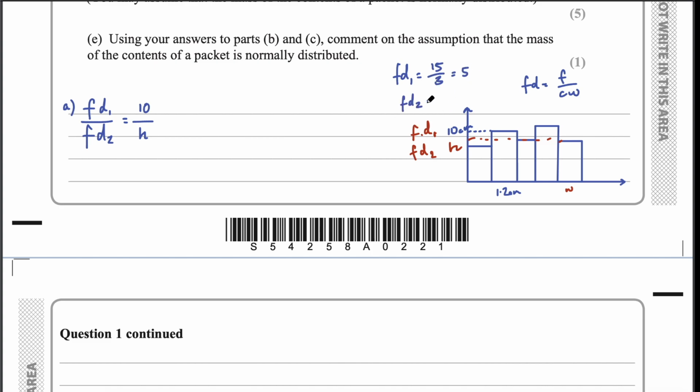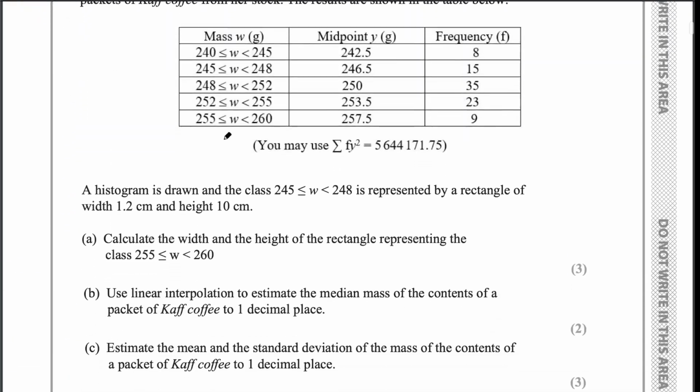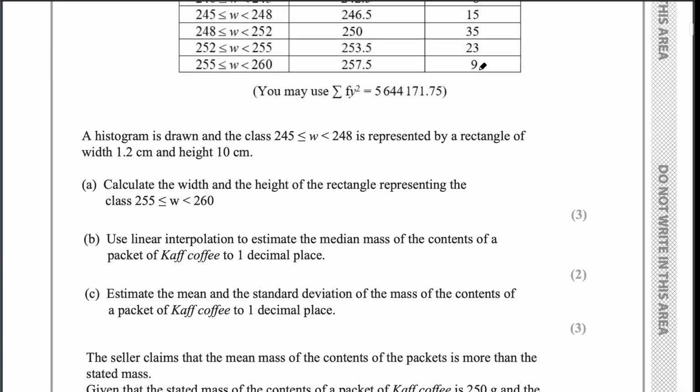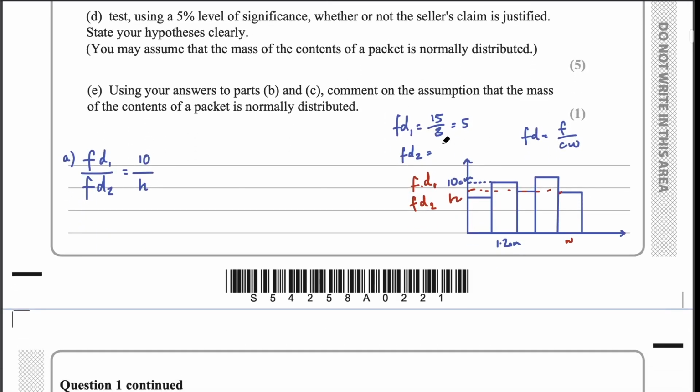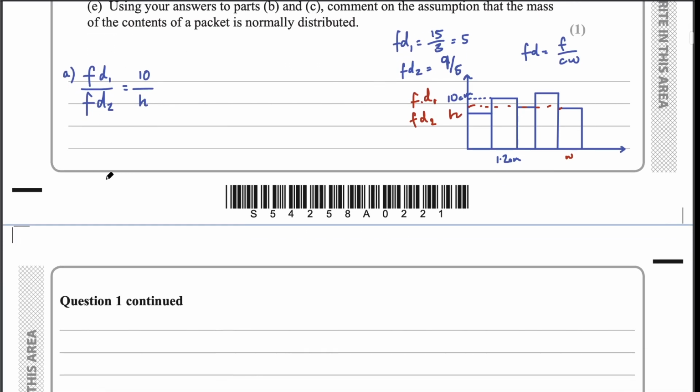FD2, that would be the last interval we're looking at. The frequency is 9 and the class width is 5. So that would be 9 on 5. Okay, so let's go ahead and put them in here. So frequency density 1 is 5.